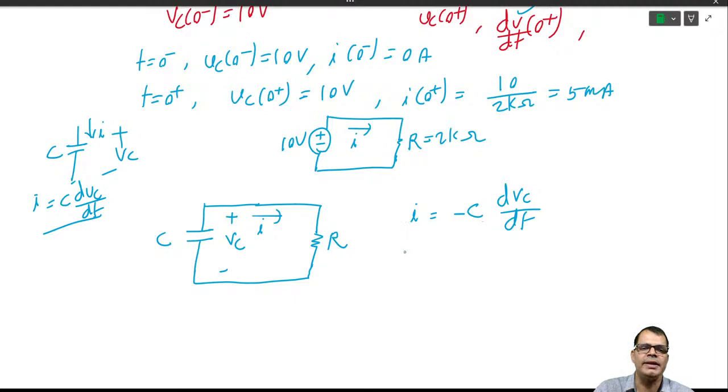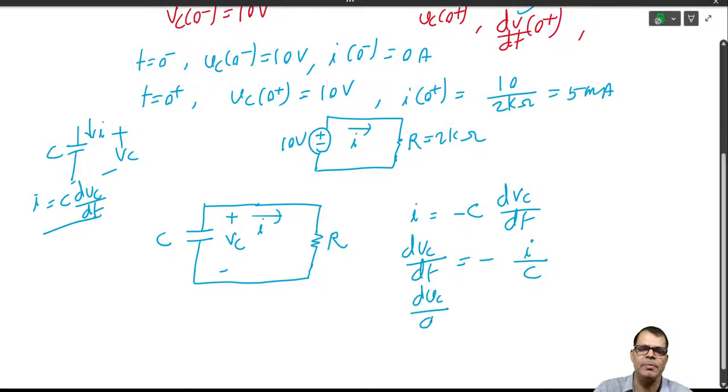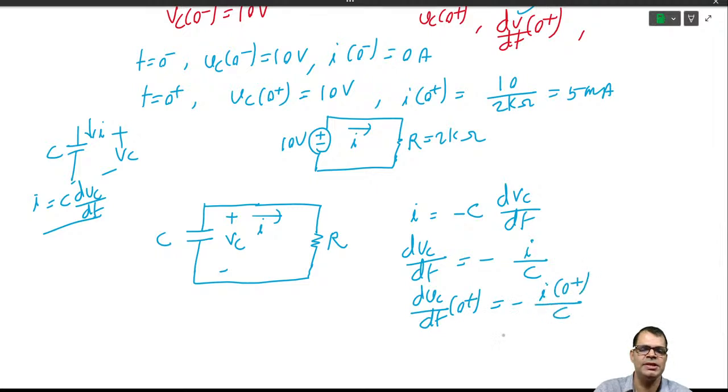So now I can write dVc/dt is equal to minus I upon C, and dVc/dt at 0+ will be minus I(0+) upon C.